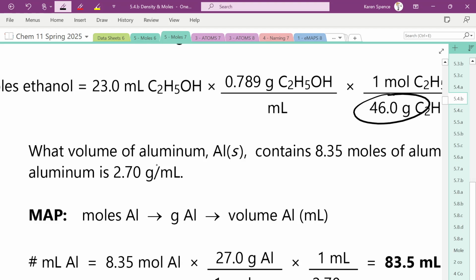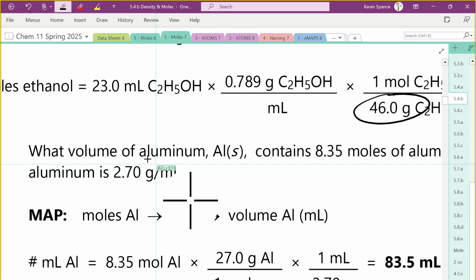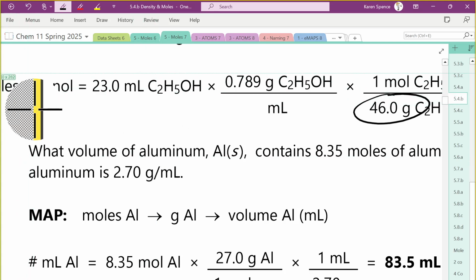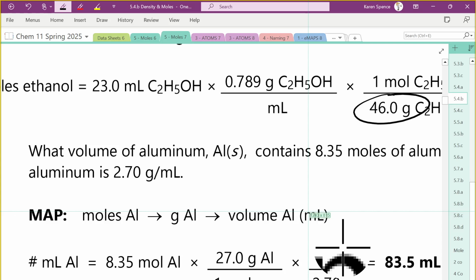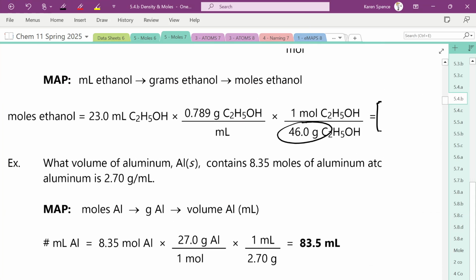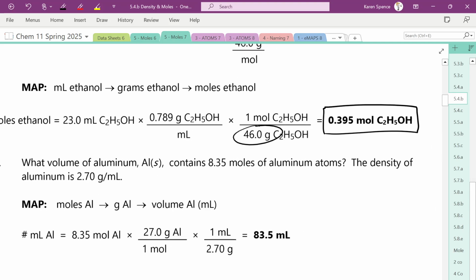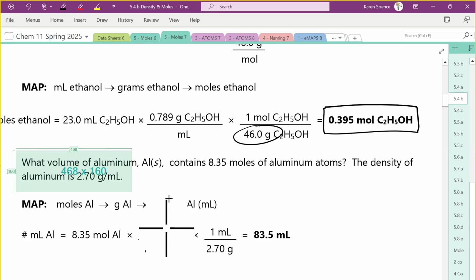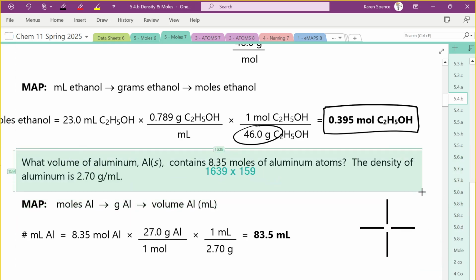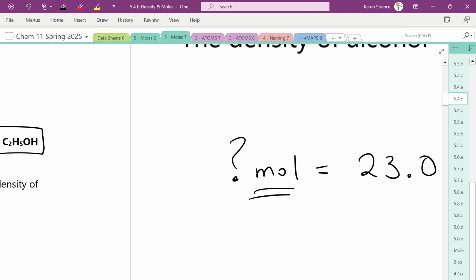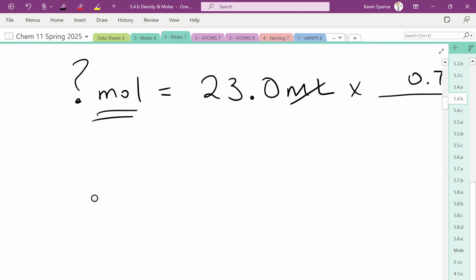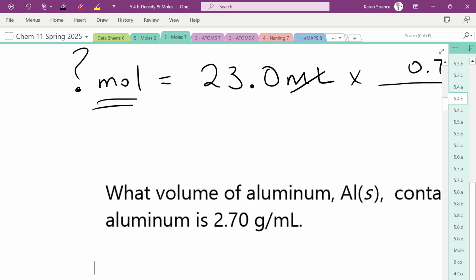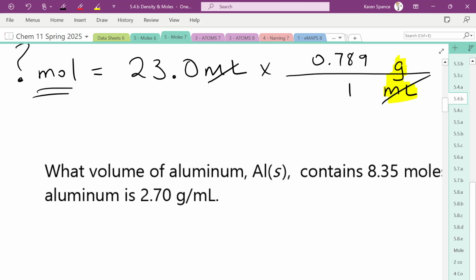What volume of aluminum? So we want the volume of aluminum.